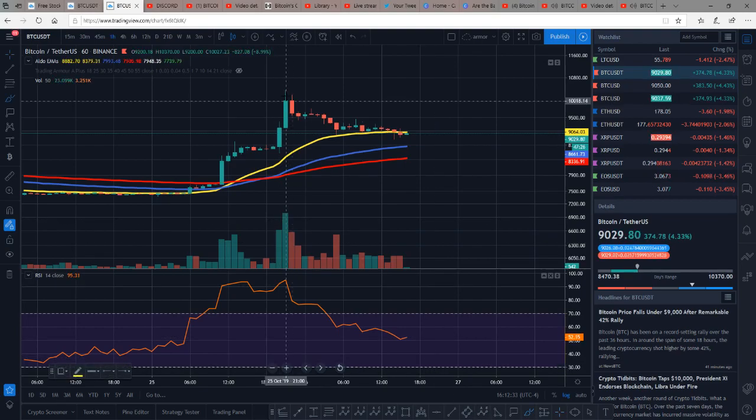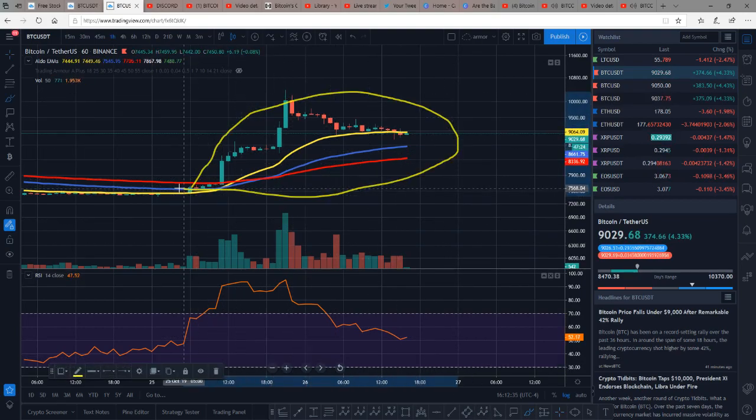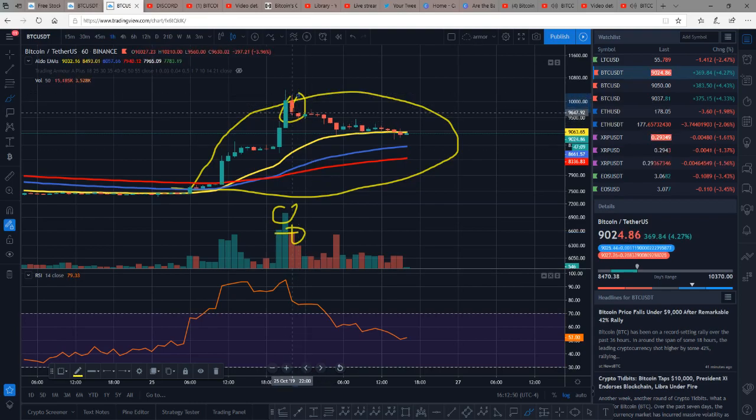The 12 hours is the same. Volume is less than 50% of the previous volume. So you cannot give bulls or bears too much credibility on a lower time frame. This volume on the hourly, we talked about it.